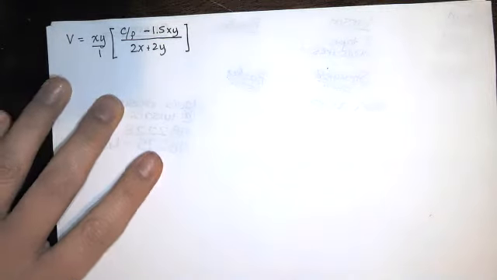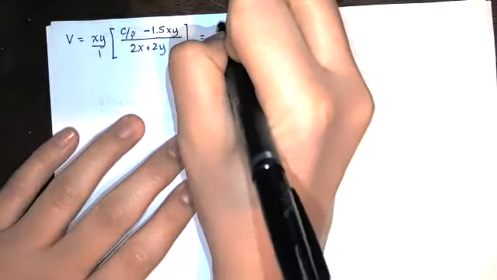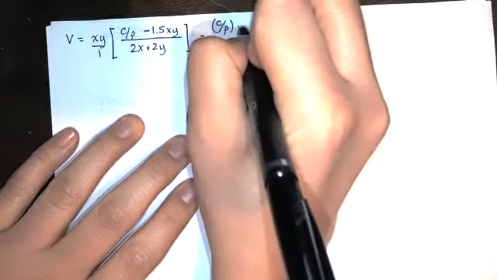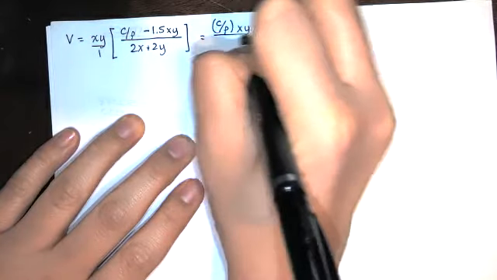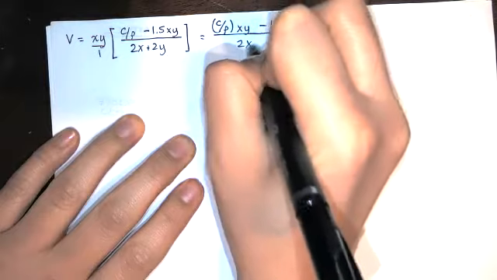Volume is x times y times z, but z turned out to be C over rho minus 1.5 times x times y, all divided by 2x plus 2y. I would write that xy as itself over 1 and then distribute. So we've got C over rho times xy minus 1.5 times x squared times y squared, all divided by 2x plus 2y.